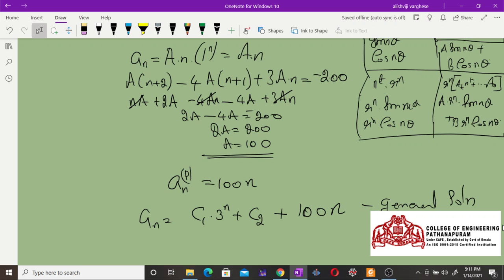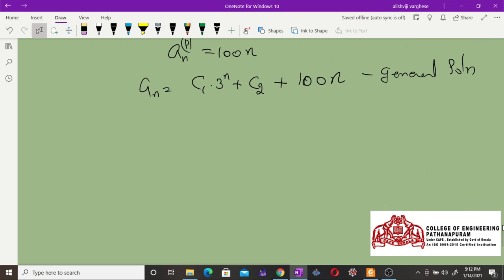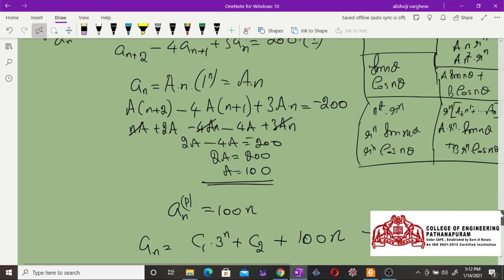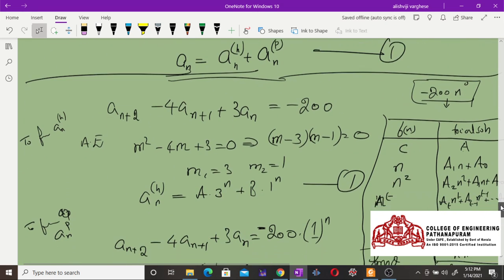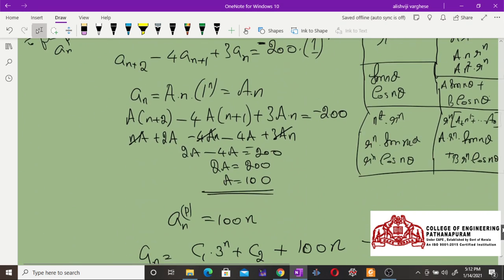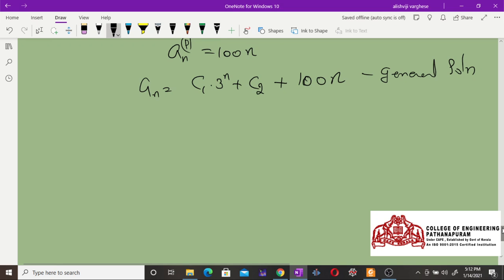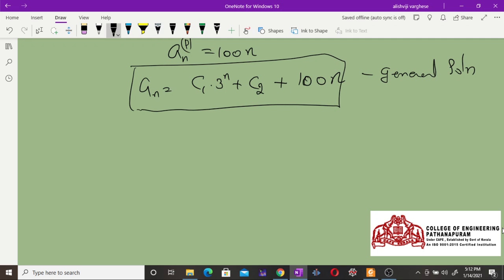Now the next thing, we have to eliminate the arbitrary constants. If we have some initial conditions, we can eliminate the arbitrary constants, but here in this particular problem we don't have any initial conditions, and therefore it's impossible to eliminate the arbitrary constants, and therefore this is our final solution, which is a general solution as it contains arbitrary constants.